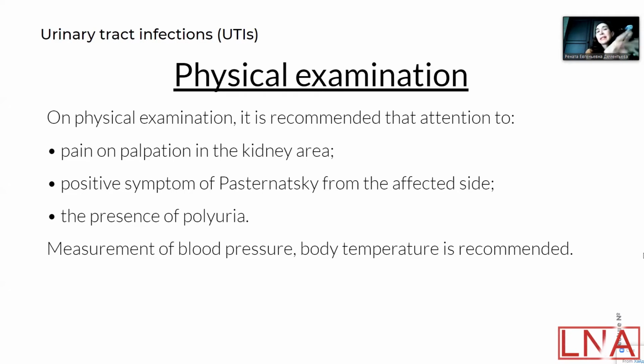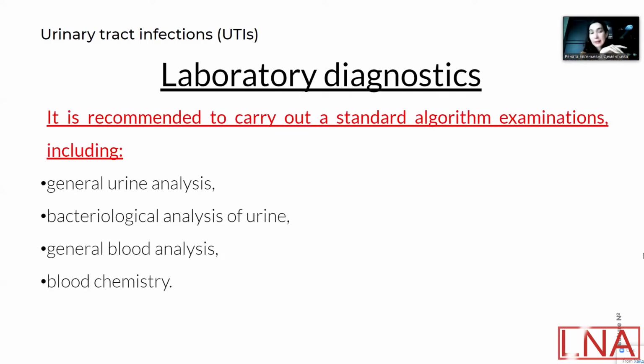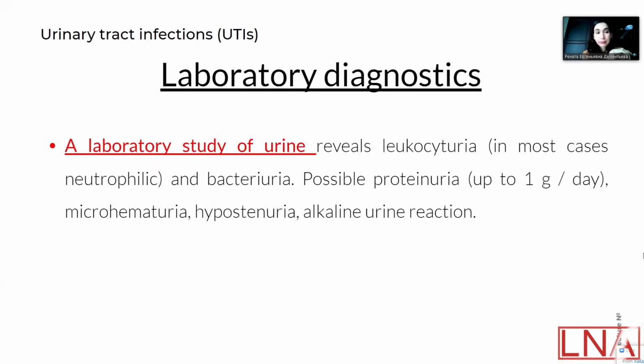That is only the routine physical examination of a patient with acute or chronic pyelonephritis. Laboratory diagnostics. It is recommended to carry out a standard algorithm of examination, which includes, starting with general urine analysis, bacteriological analysis of urine culture, general blood analysis, and blood chemistry analysis.